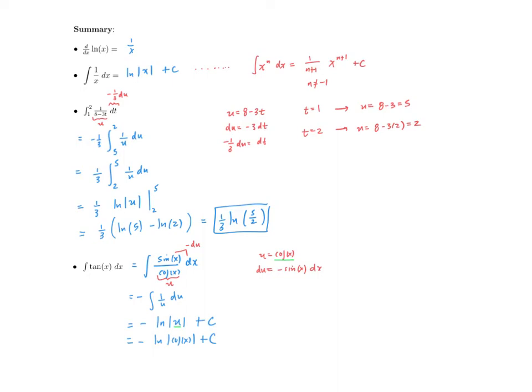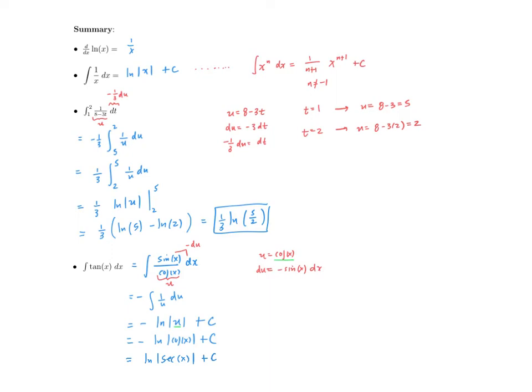And this is a perfectly acceptable way to write the antiderivative. But for fun, let's just go ahead and note that the typical formula you might see in the textbook is going to look slightly different. It's going to be the natural log of the absolute value of secant of x plus c.